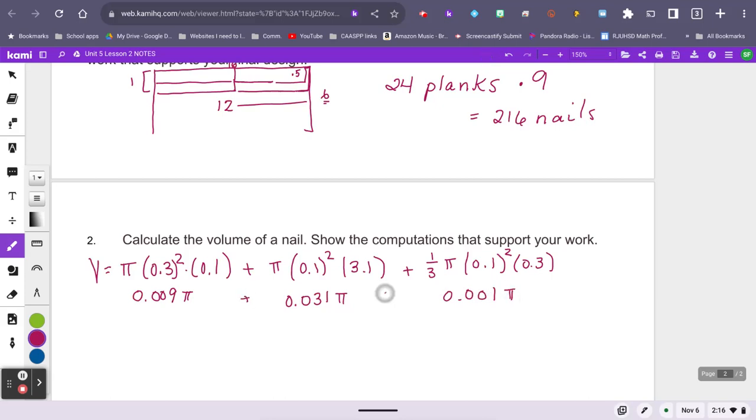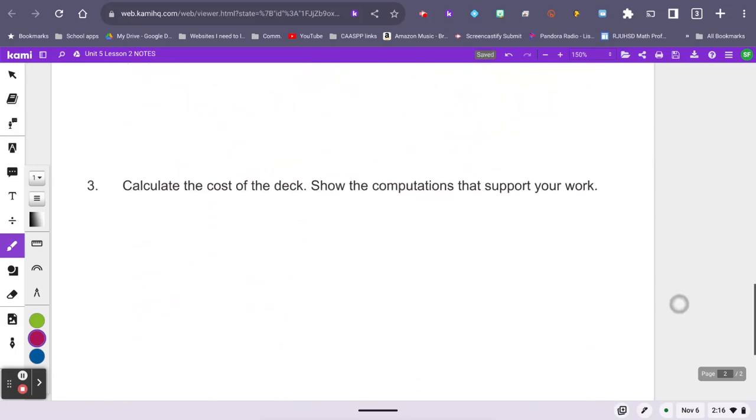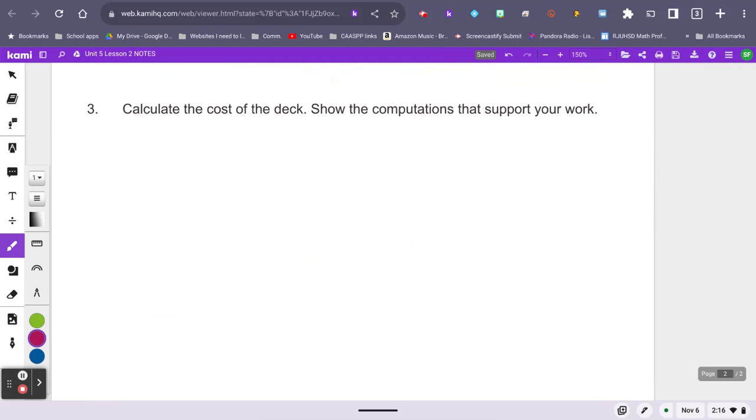We're going to add up all three numbers, and we get 0.1288 inches cubed. All I did was add those together with pi, and it just made it much easier. Okay, so now we need to calculate the cost of the whole deck.